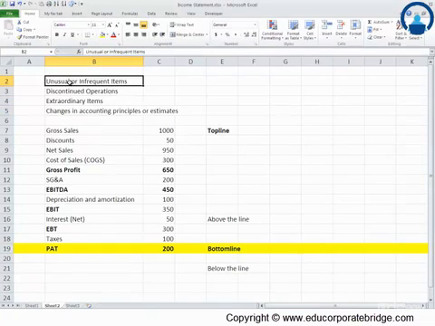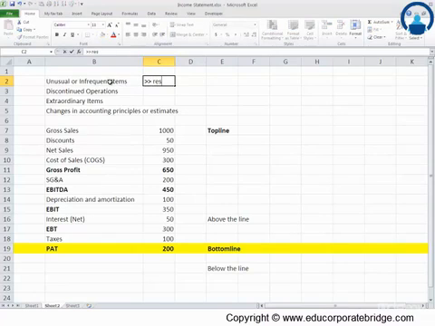The item which is described as unusual or infrequent: unusual actually means that an item possesses a high degree of abnormality, and an item which is infrequent would obviously mean that this item doesn't happen frequently and may be a non-recurring item. So an example of an unusual or infrequent item could be restructuring costs.